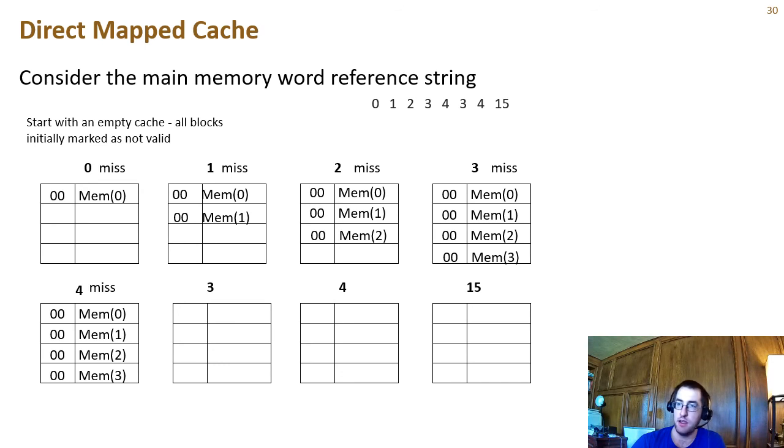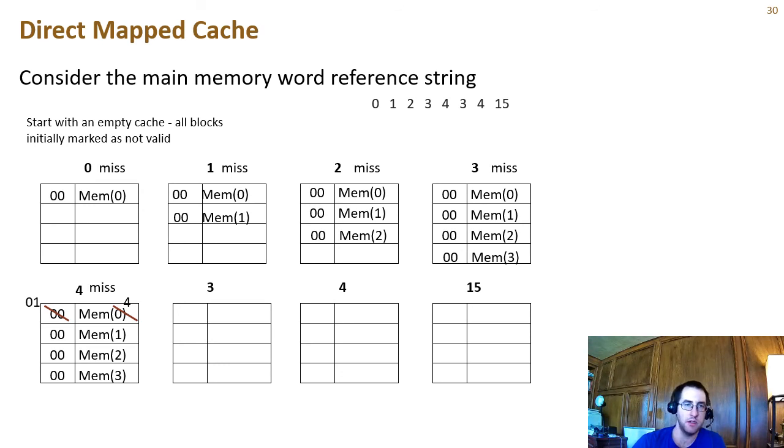The tag of memory word address 4 is 0 1, because 0 1 0 0. So 0 1 does not equal 0 0. So we replace the line that's in the cache, row 0, with the value of memory at location 4 with a tag of 0 1. So that's how a replacement goes.